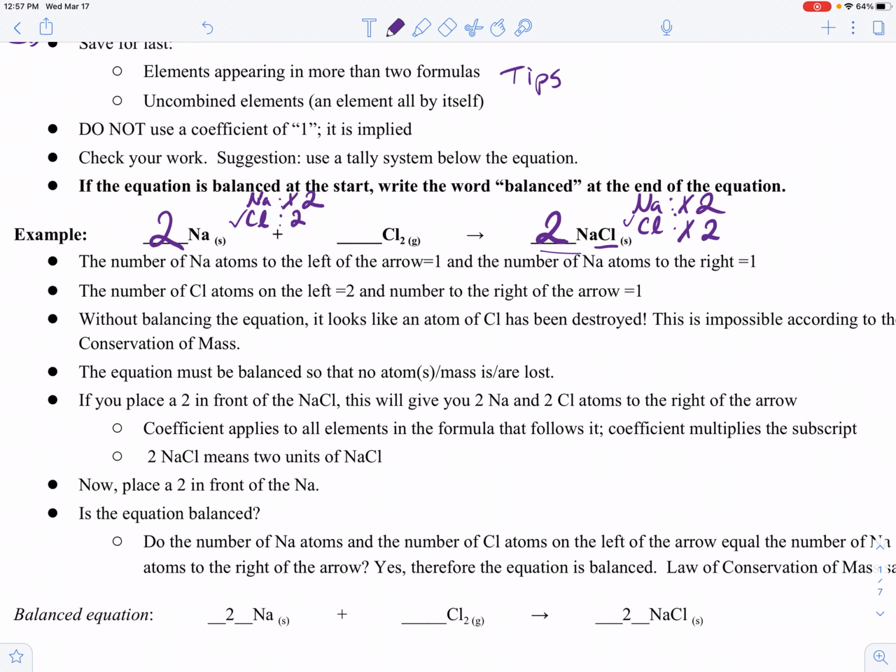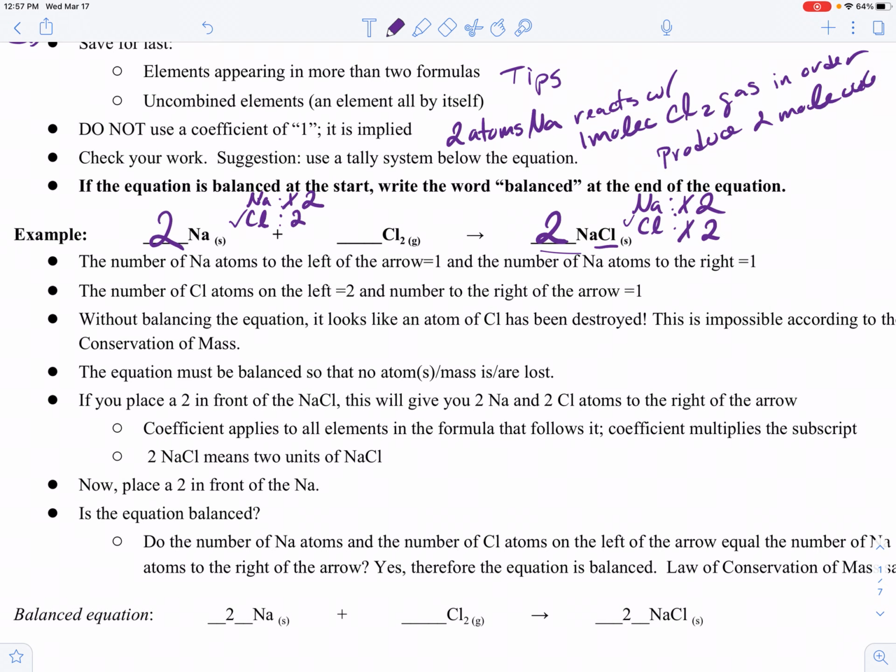So in order for this reaction to actually occur, you would need 2 atoms of sodium to react with 1 molecule of chlorine gas in order to produce 2 molecules of salt, or NaCl.